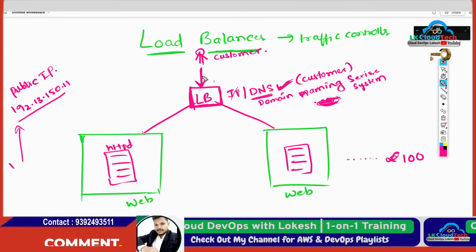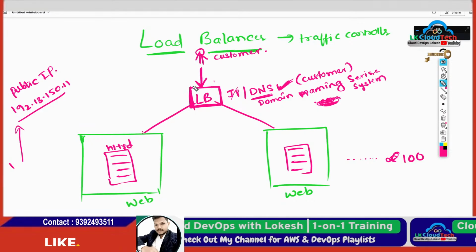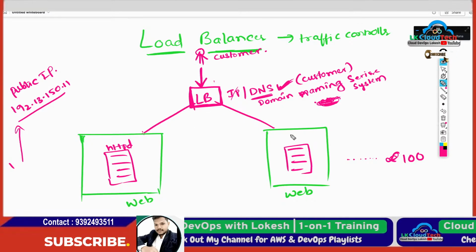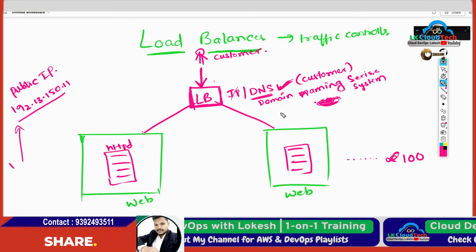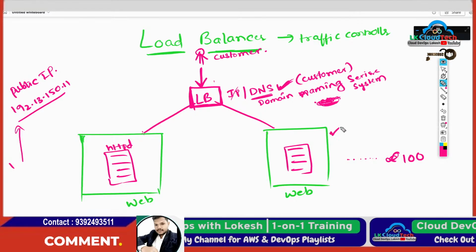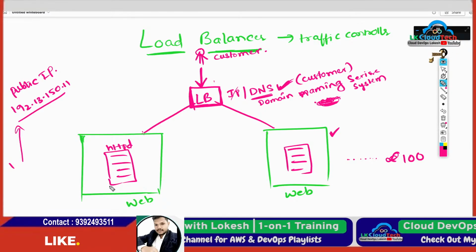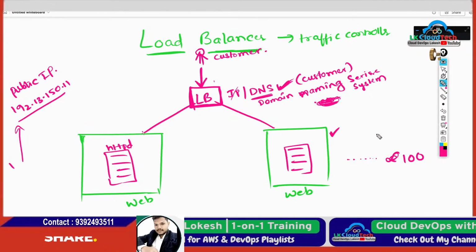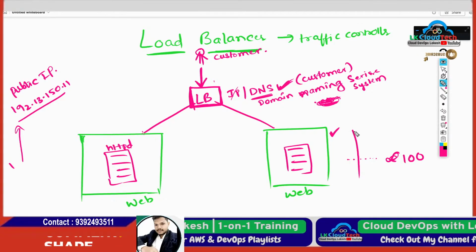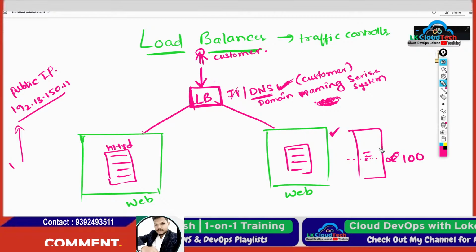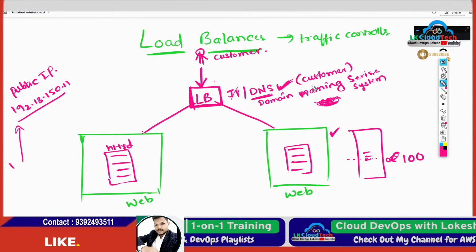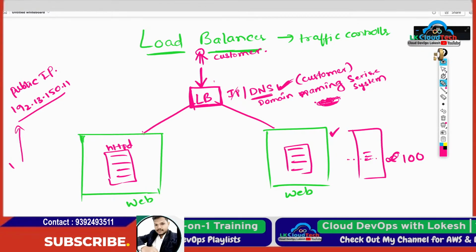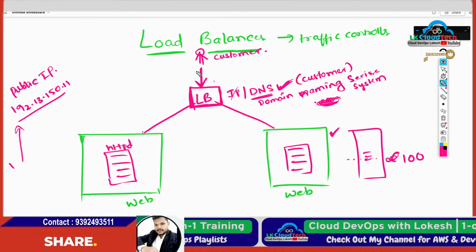Next, whichever server is active, the load balancer distributes the traffic there. For example, if this server is busy, the load balancer will send the traffic here. If both are busy, it will send the traffic to some other server. So the customer request hits the load balancer.